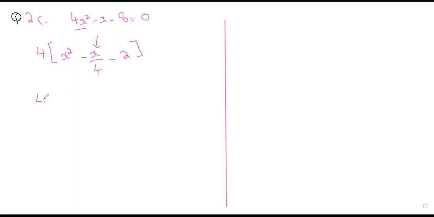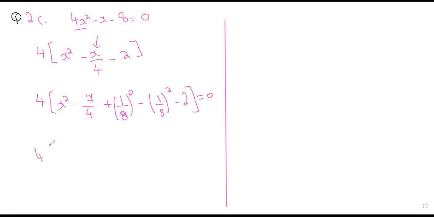That is it. And you think about half of the coefficient of x, that is initially 1 by 4, and half would be 1 by 8. So it would be minus x by 4. I need to add the square, and I need to subtract that as well. Okay.